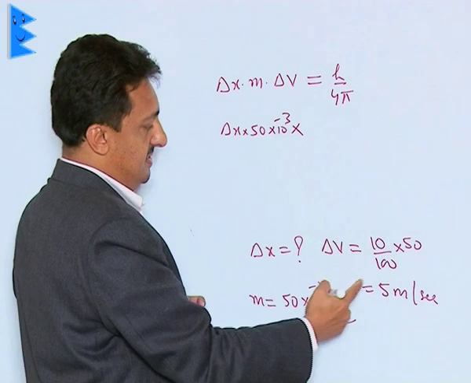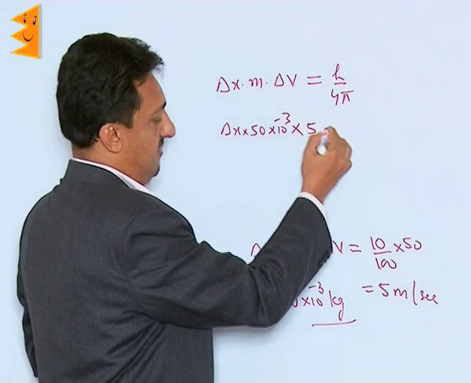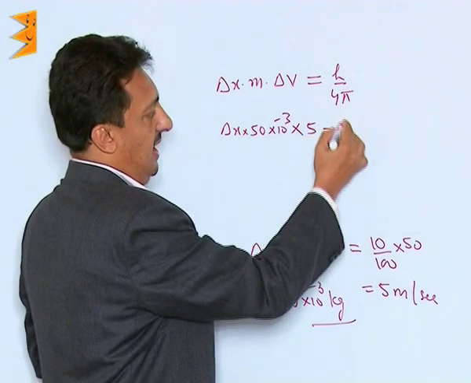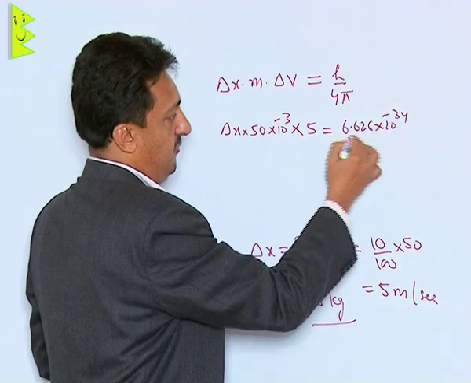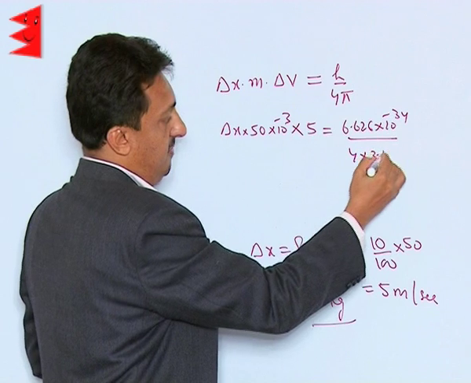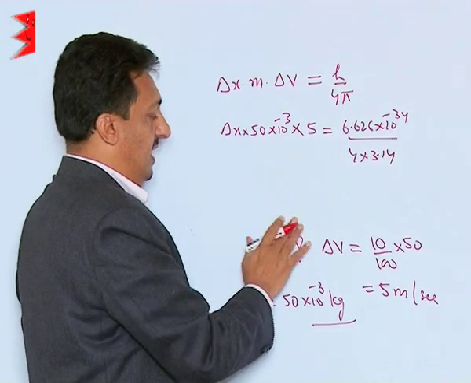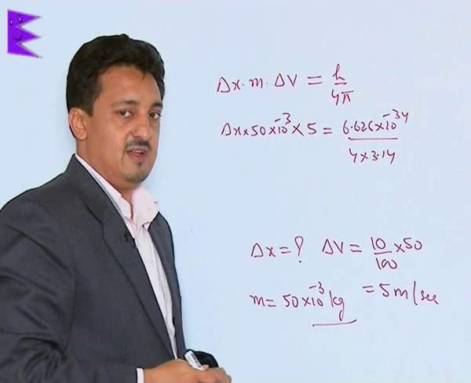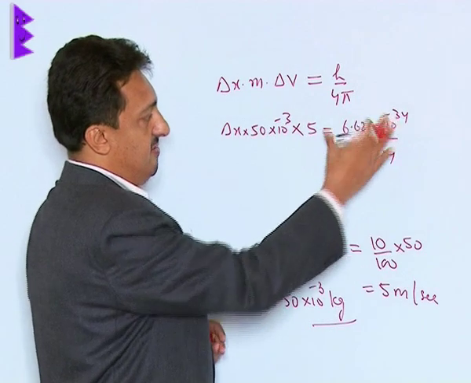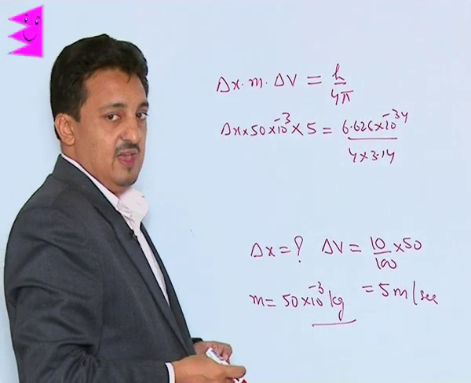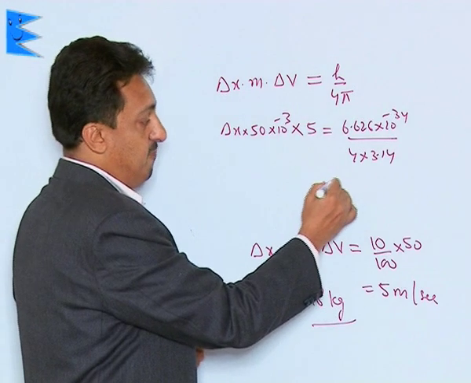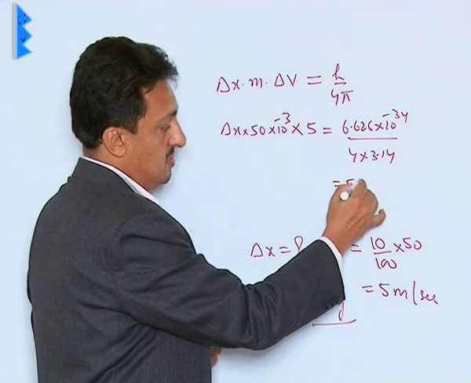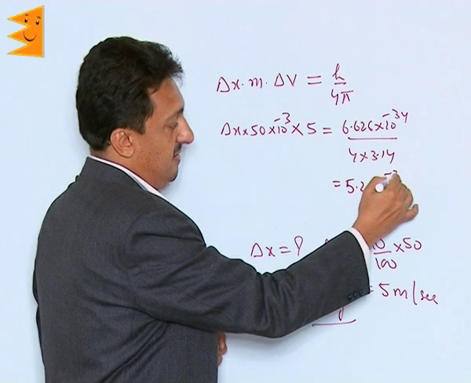The uncertainty in the velocity is 5 meters per second, and it is 6.626 into 10 to the power minus 34 over 4 into 3.14. See, whenever we'll be doing numericals on Heisenberg uncertainty principle, this figure is almost a constant, and we can remember its value. It is almost 5.2 into 10 to the power minus 35.